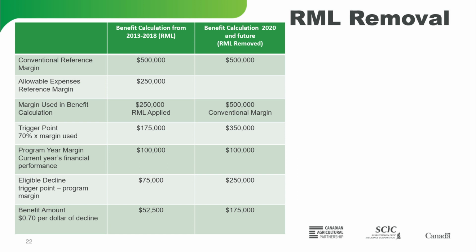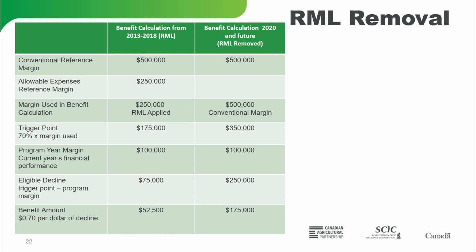Now, the column on the right-hand side, that reference margin limit as part of the calculation has been removed. So now the system strictly just looks at your conventional reference margin, that 5 years of history. We do the Olympic average, $500,000. That's what we compare the program year to.